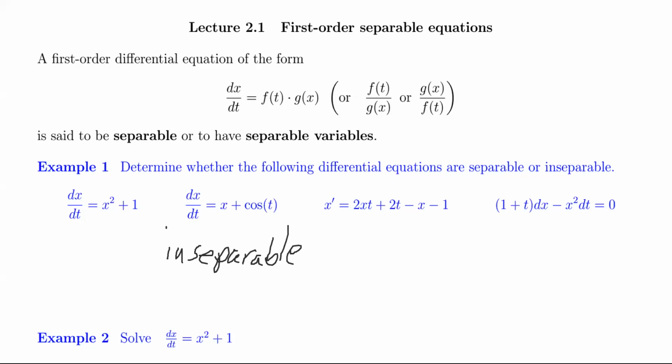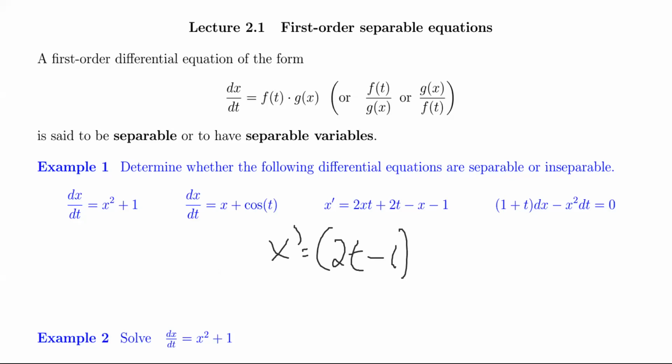All right, let's take a look at the third one. This third one is x prime, so dx/dt, equal to a function with x's and t's in it, and it kind of looks like this is inseparable again. But let's notice that if we have x' = (2t - 1)(x + 1), let's go ahead and multiply this out.